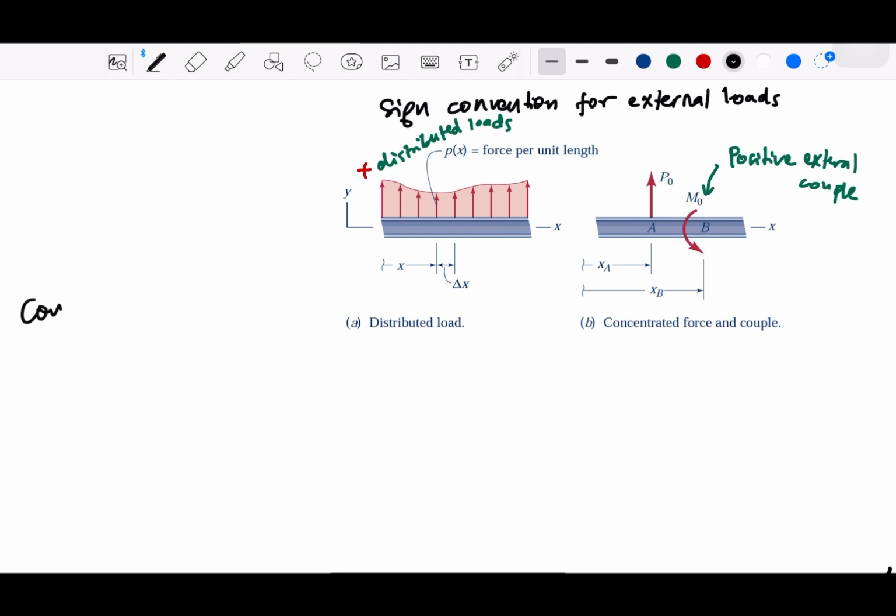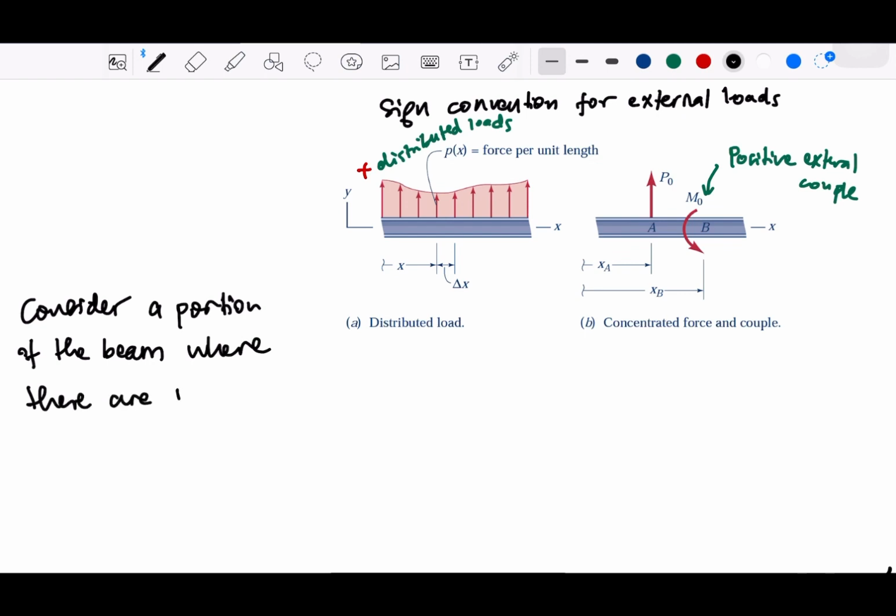So consider a portion of the beam where there are no concentrated loads or external loads.